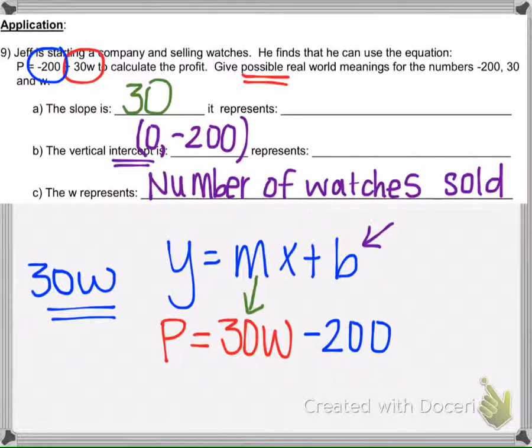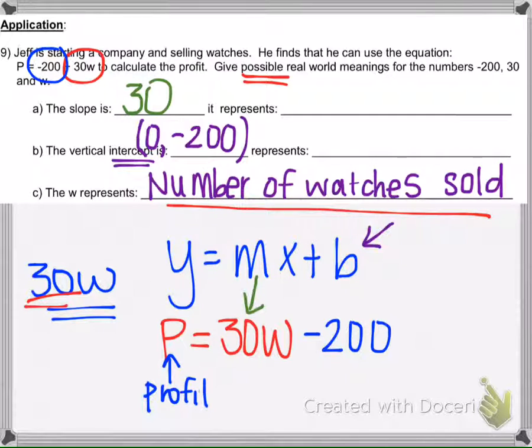Well, if W represents the number of watches, then the 30 must represent $30 for every watch. Now, it also tells us in this problem that we're selling watches. So if we think of this as the profit he makes from making watches, and then the W is the number of watches.